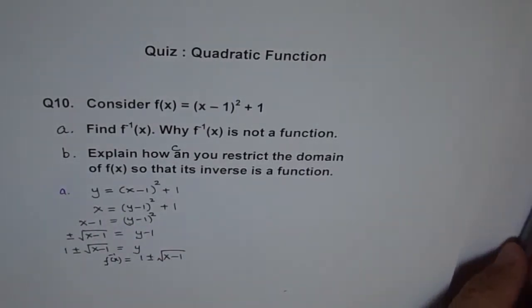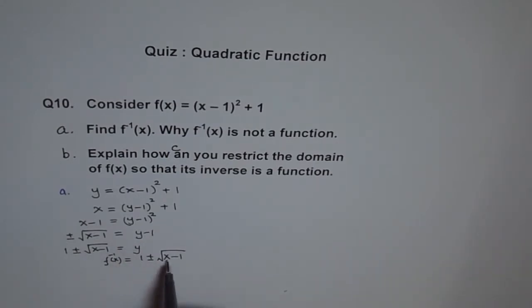Clearly it is not a function. Why? For any value of x we have two values of f inverse x, 1 plus the square root of x minus 1 and 1 minus the square root of x minus 1, okay? And therefore the inverse of this function is not a function, right?